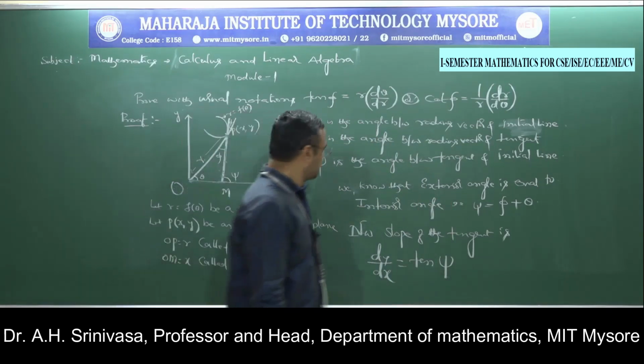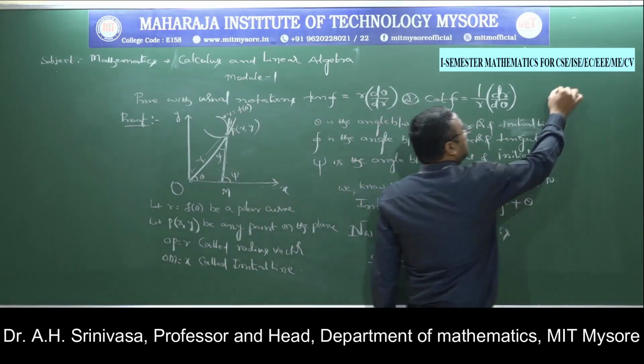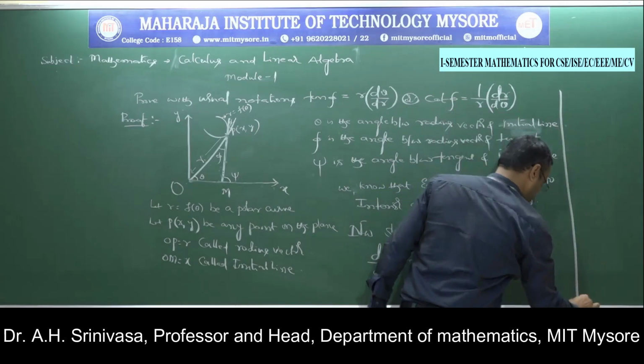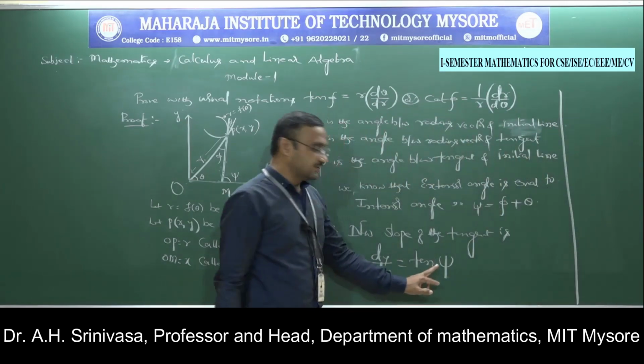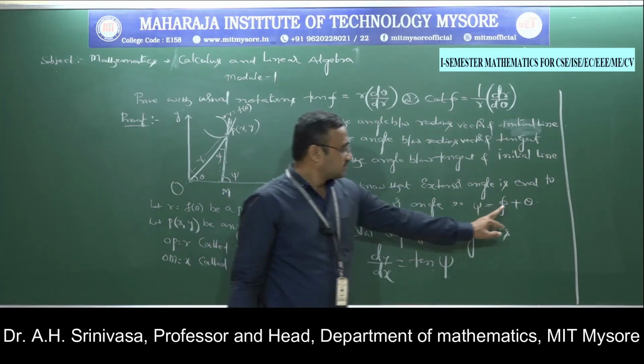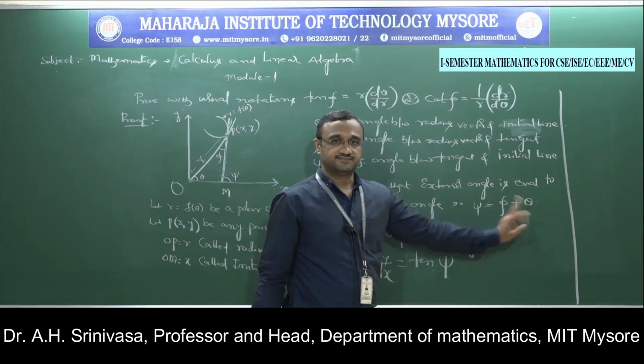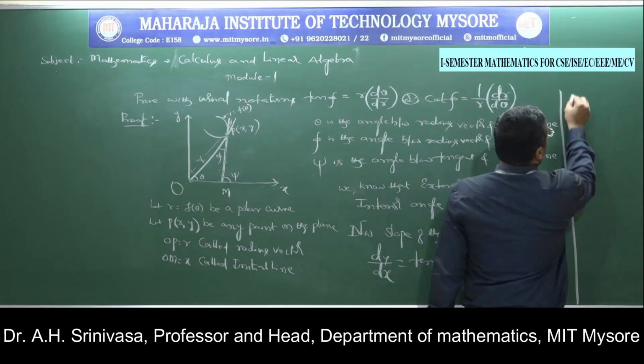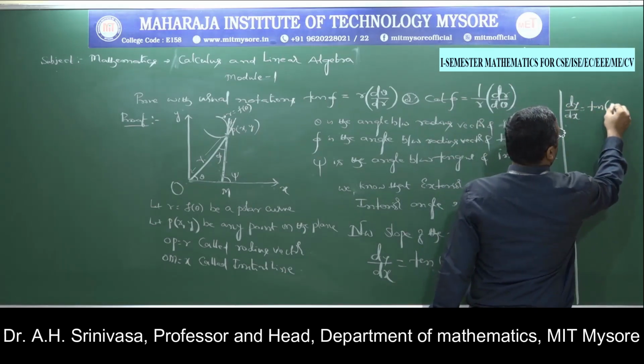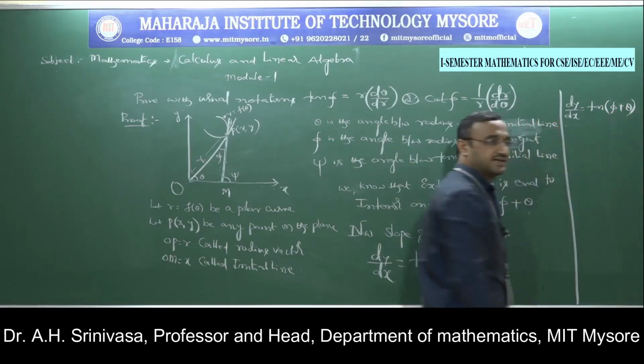Now, in place of psi, you write phi plus theta. That is your dy by dx equal to tan of phi plus theta.